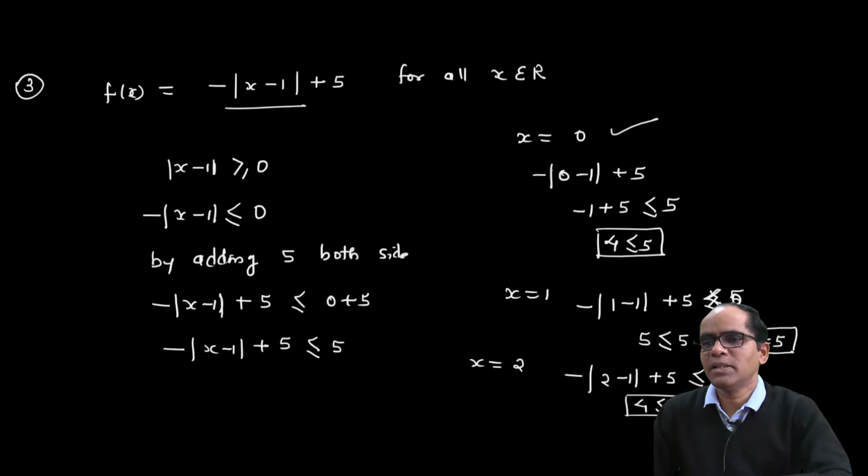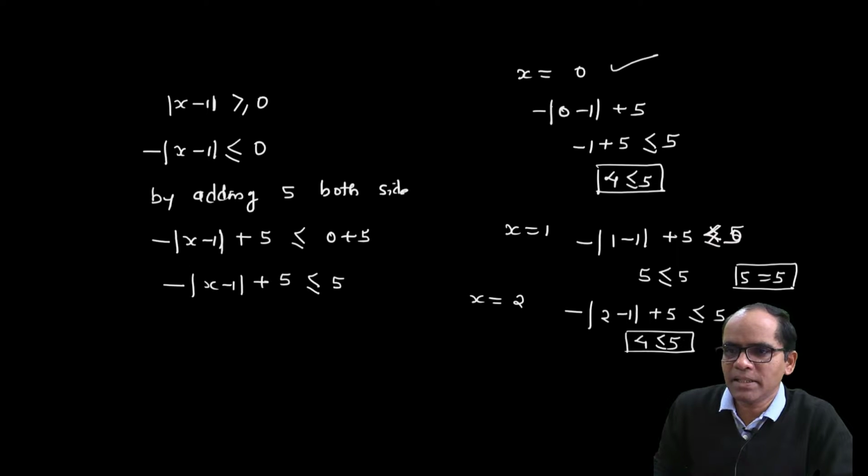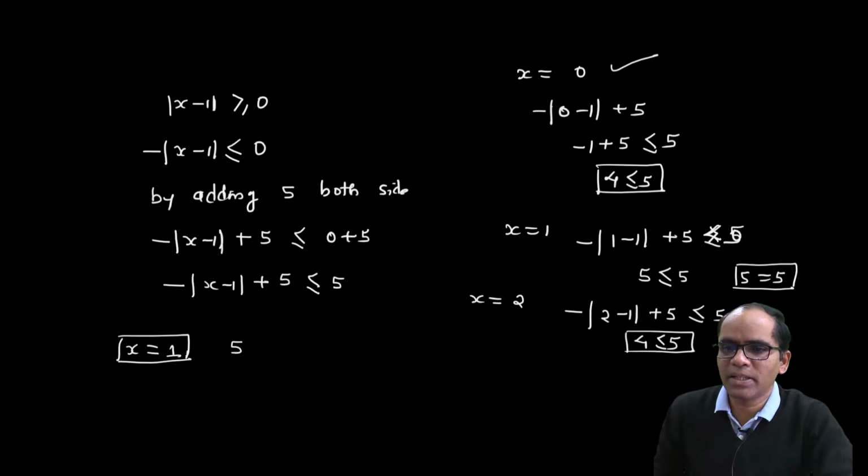So with these examples, we can clearly say that if you are putting x equal 1, then we are getting value 5, and for the rest of all values of x we are getting less than 5 only.